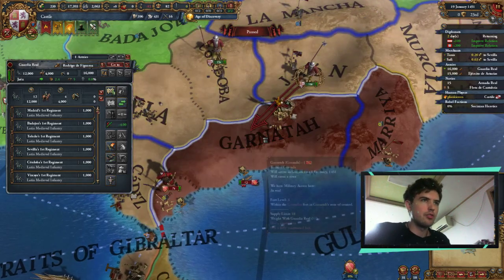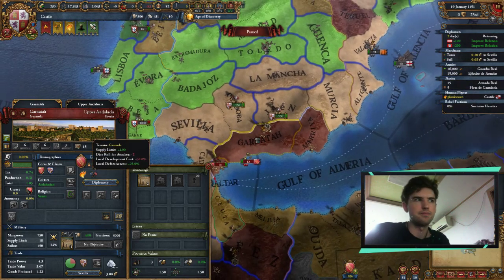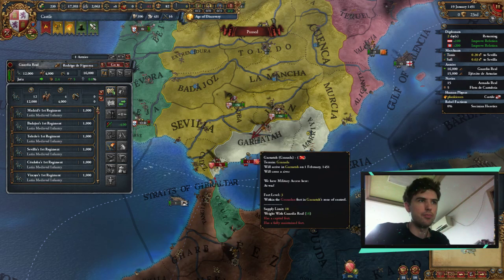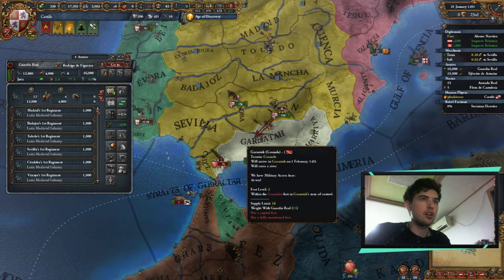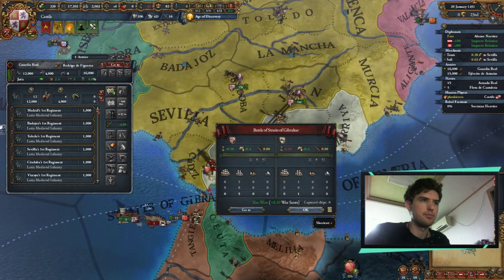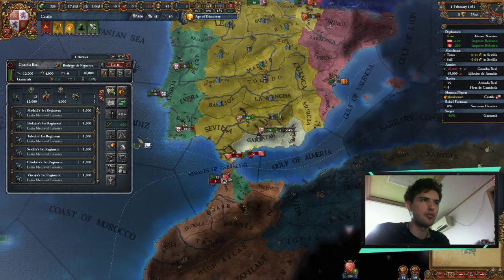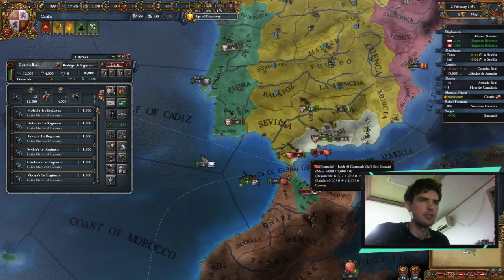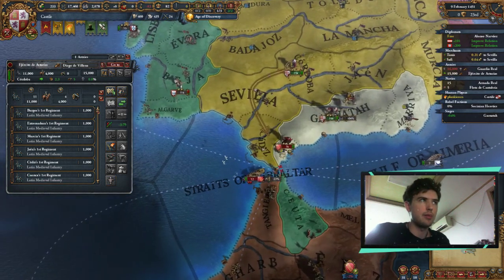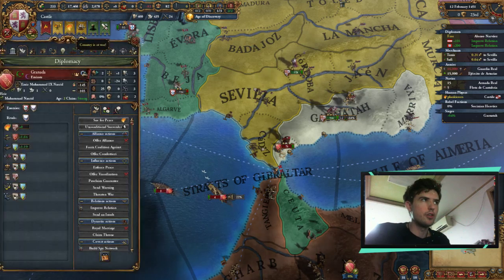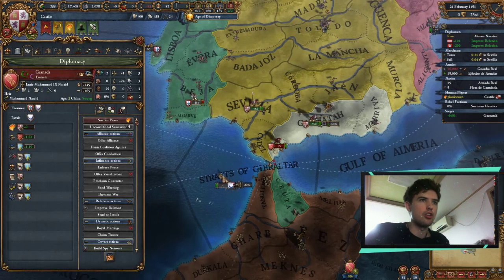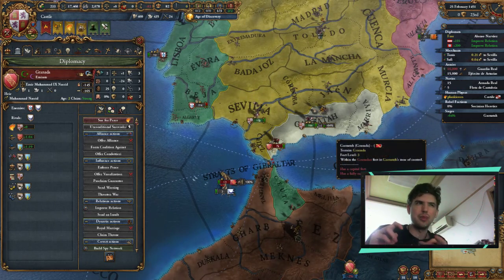The 4 values of a general are fire, shock, maneuver, and siege. Fire and shock are the 2 phases of combat. And we're going to be getting pop-ups from naval battles and stuff. But fire and shock are the 2 phases of combat. Maneuver affects if the general can, I think it affects their speed.